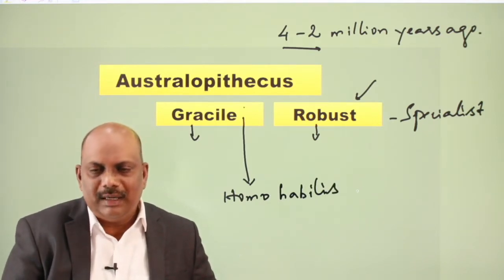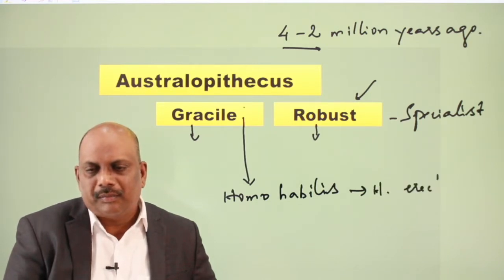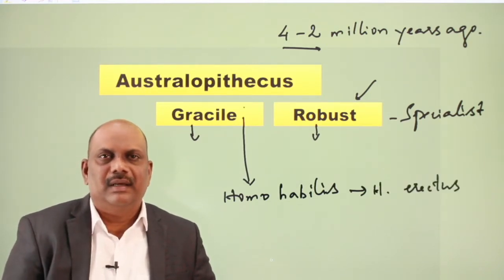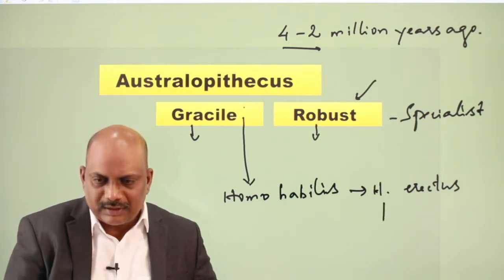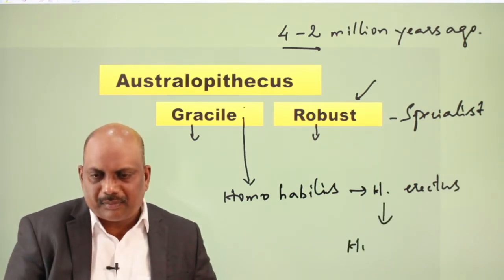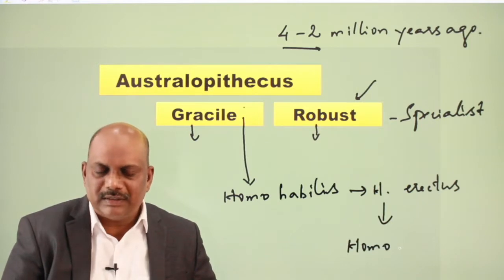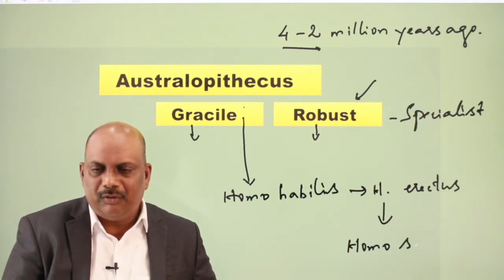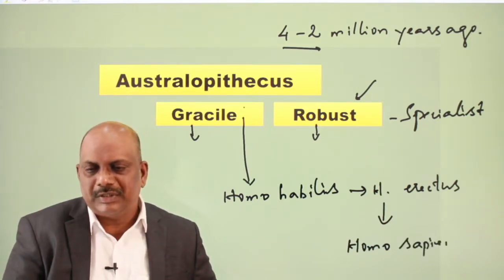This Homo habilis evolved into Homo erectus. And it is the Homo erectus which evolved into Homo sapiens.